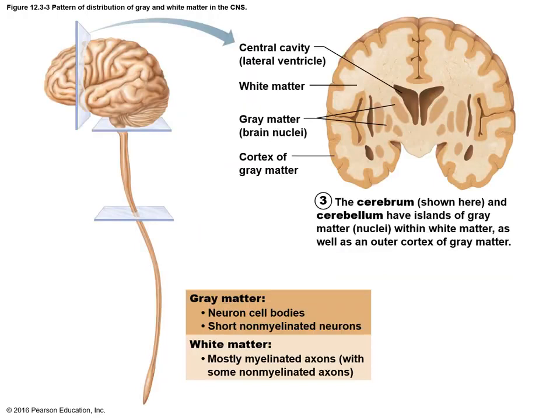The main one I want you to do is to compare the spinal cord to the brain itself. This is showing the cerebrum, but you also see it in the cerebellum as well. Notice there's been a switch. The gray matter is now on the surface and the white matter is in the deeper interior section.